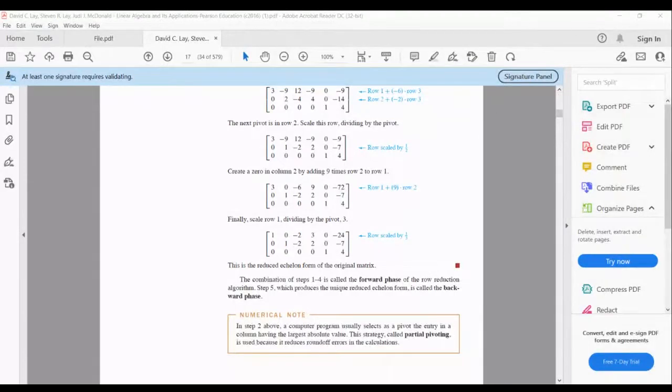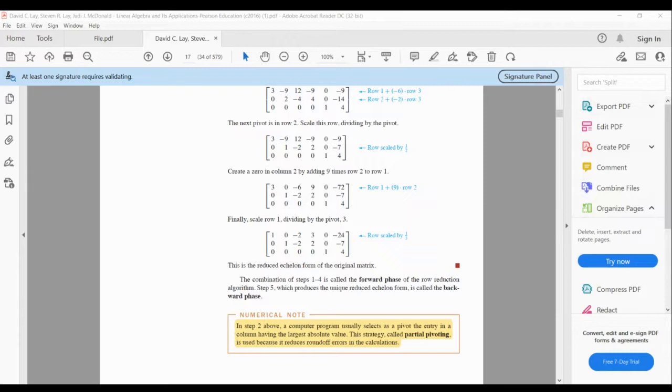So this numerical note, I'll highlight it here. Don't worry about step 2 above, but when a computer program like MATLAB does the row reduction algorithm numerically, it will actually use the largest number in a column as a pivot, not the smallest number.